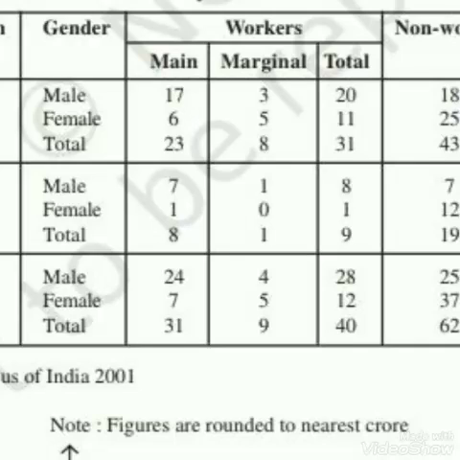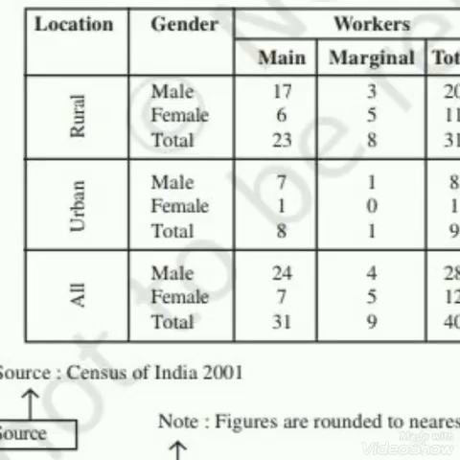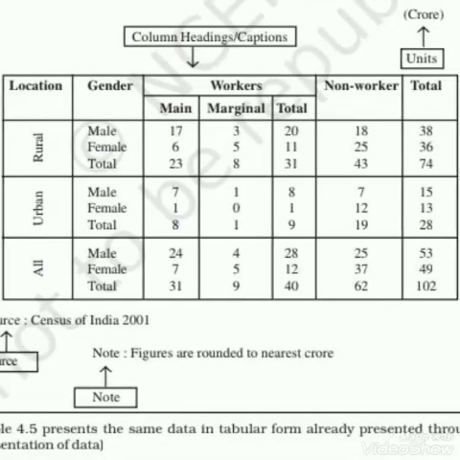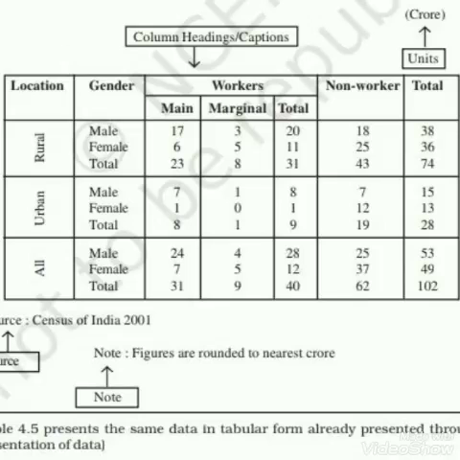Next is the column heading and caption. There are five columns: location, gender, workers, which is classified into three ways: main, marginal, total, then non-workers and total.